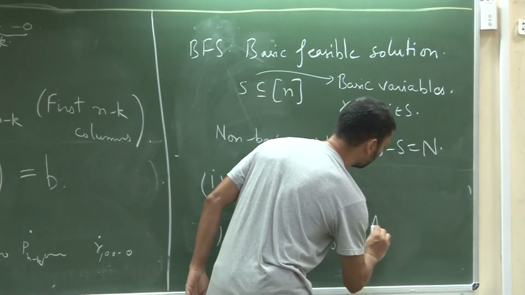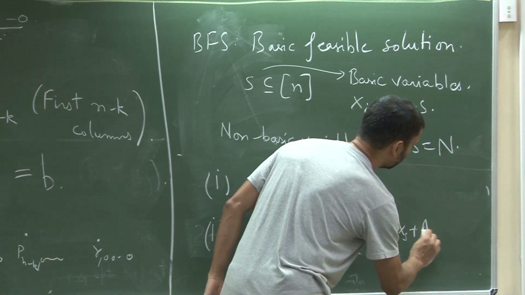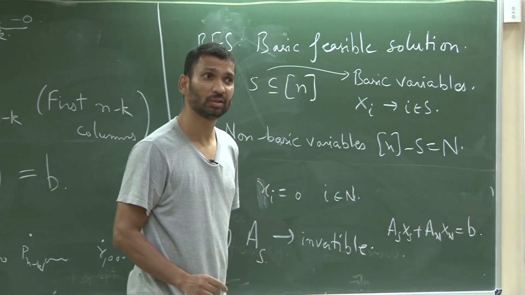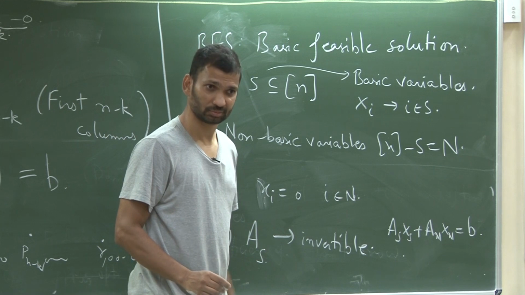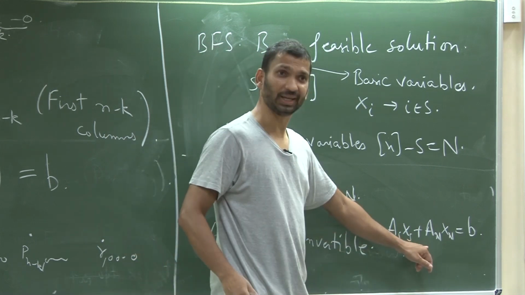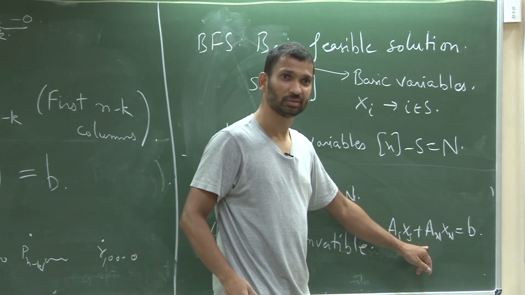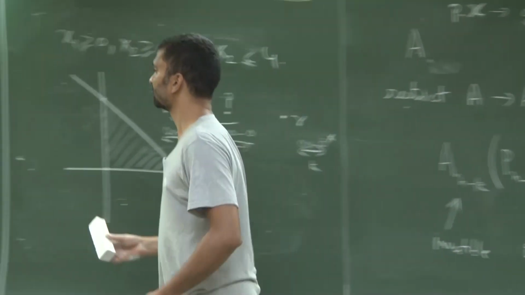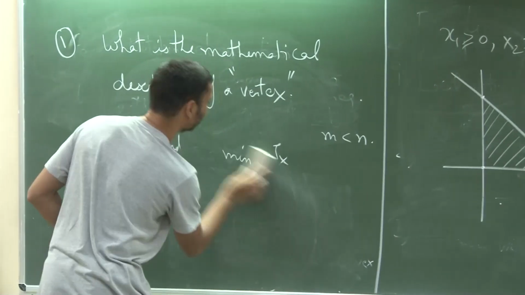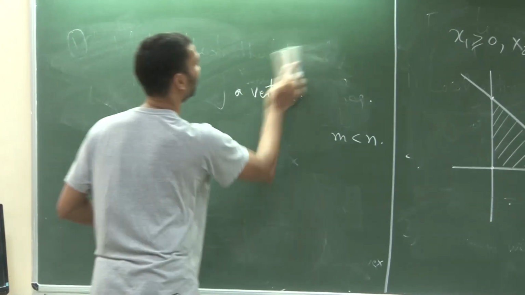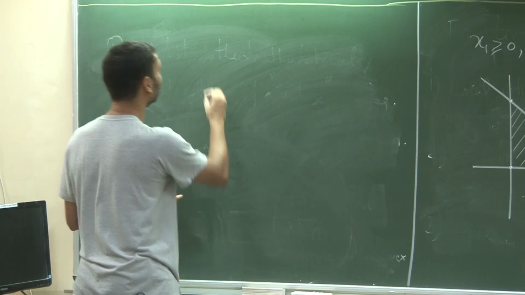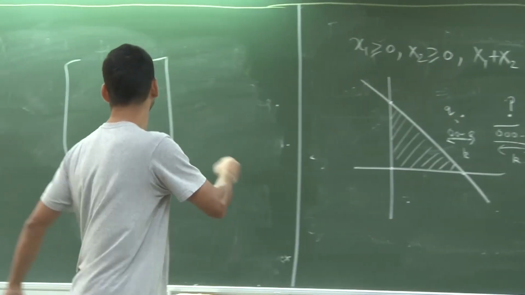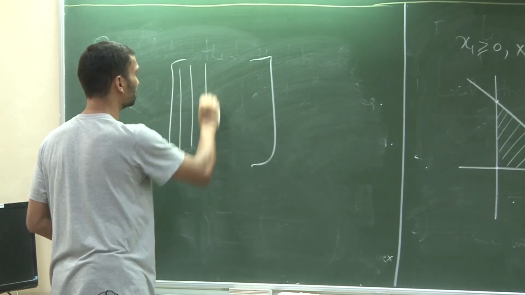So, what is happening here? A_S X_S plus A_N X_N is equal to B, right? This is just AX equal to B. This is matrix multiplication. This is a column, right? So this is a linear combination of these columns.